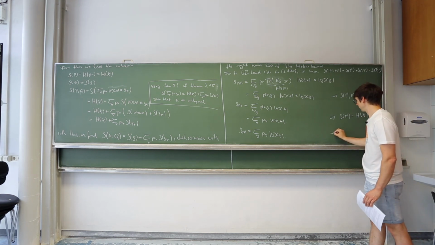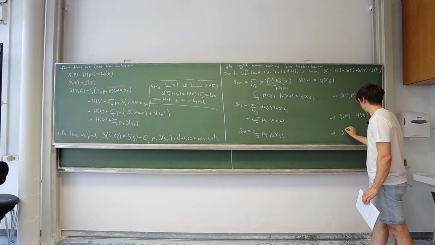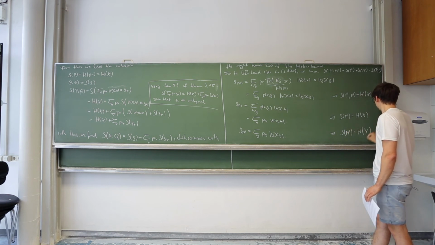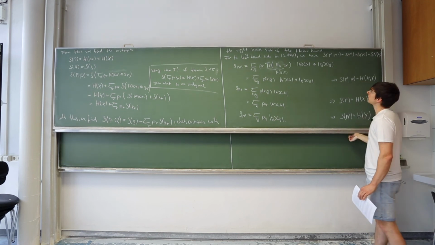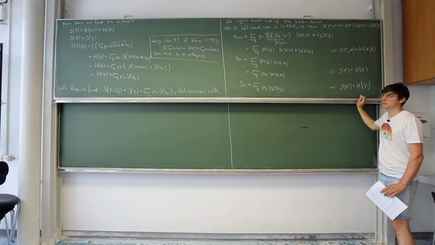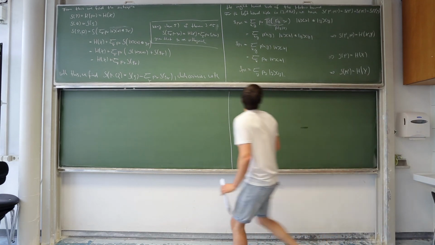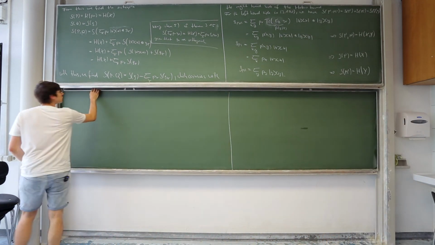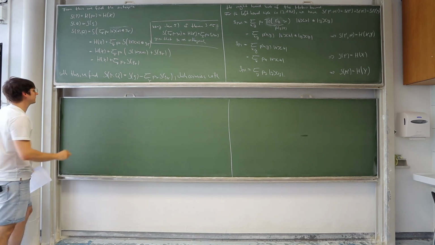And from this one, we get that S of M prime is the Shannon entropy of y. Right. And now we can plug in here in this definition of the mutual information of P prime and M prime.